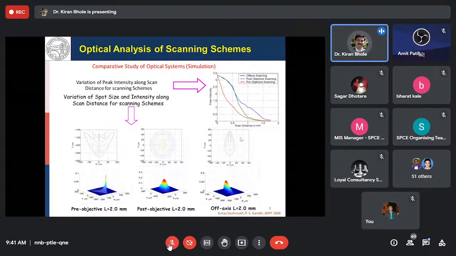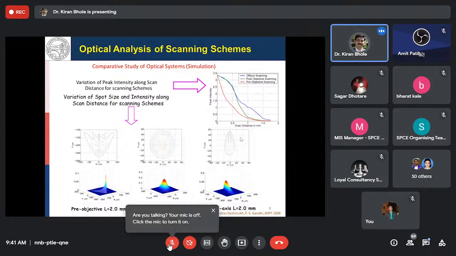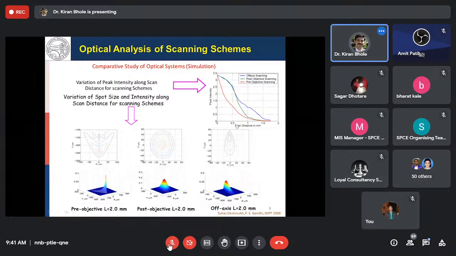So we have discussed the various scanning schemes of off axis and on axis, and with all that, we have come to a conclusion that the focus spot does not remain constant on the free liquid surface, right? And the focus spot diminishes at the other points, and that is simulated in the software. We can see here that for off axis, post objective and pre objective scanning schemes, when it is scanned at a distance of 1 to 1.5, the intensity diminishes very fast.